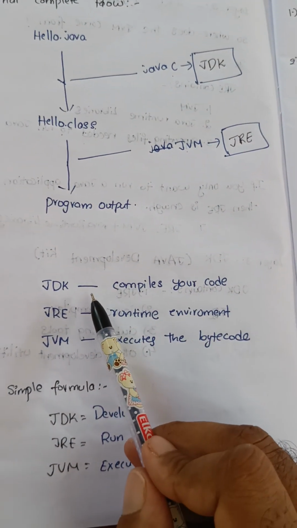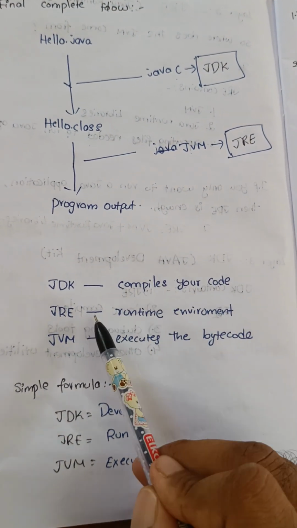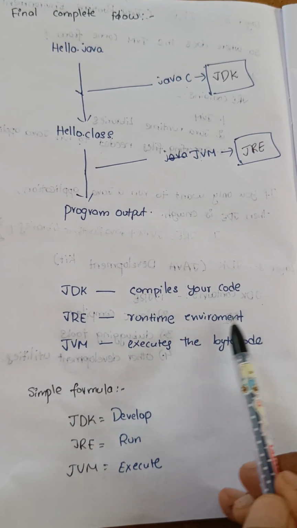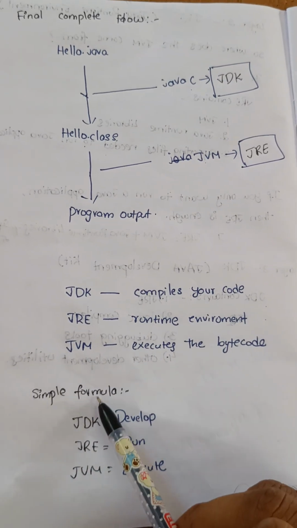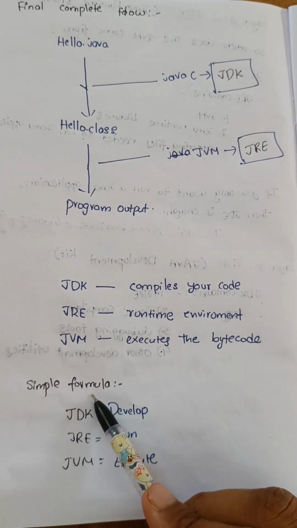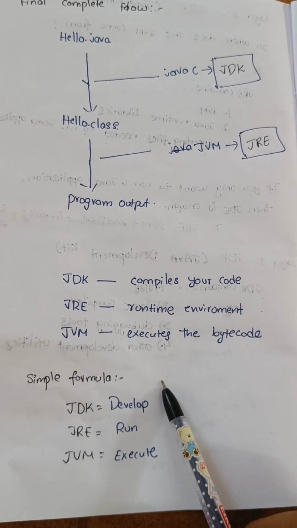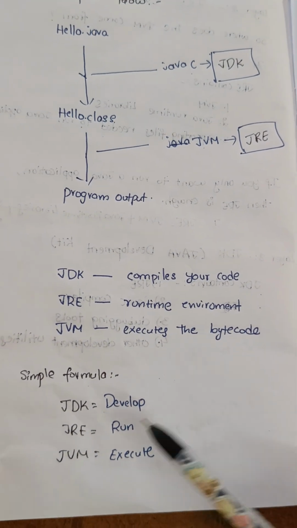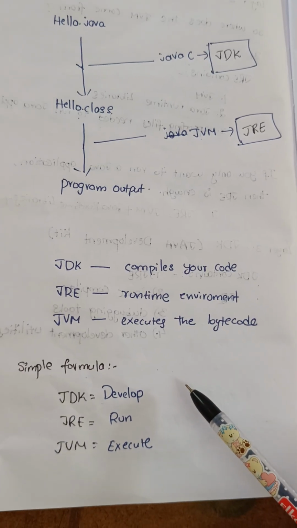So JDK compiles everything, JRE provides a runtime environment, JVM executes the bytecode. The simple formula is JDK is used for development, JRE equals run, and JVM equals execute.